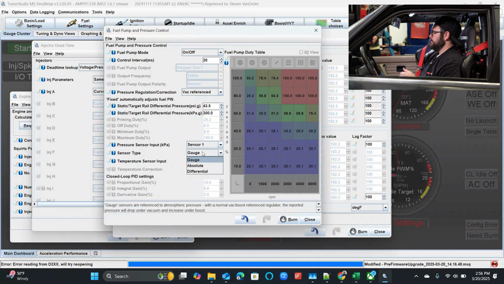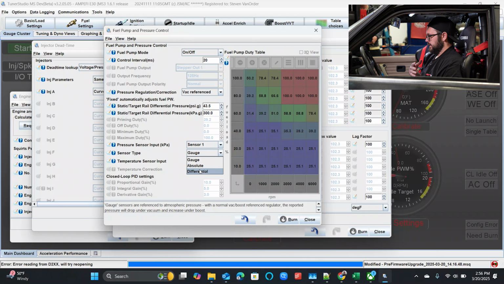And the sensor type matters. If you're using a typical low dollar motorsports pressure sensor on a return style regulator, you're going to choose gauge because it's a gauge sensor. If you've got a 4.6 Ford and you're using the factory fuel pressure sensor on the fuel rail, that is going to be a differential sensor.